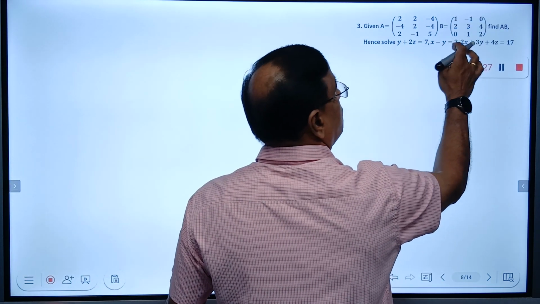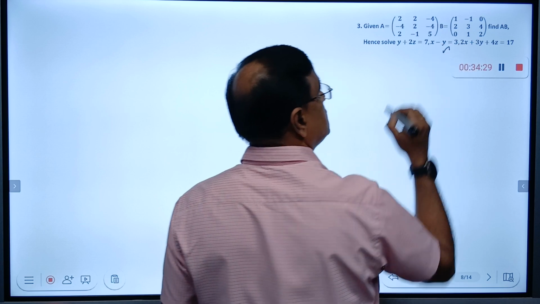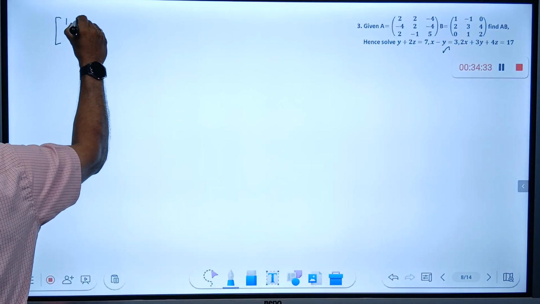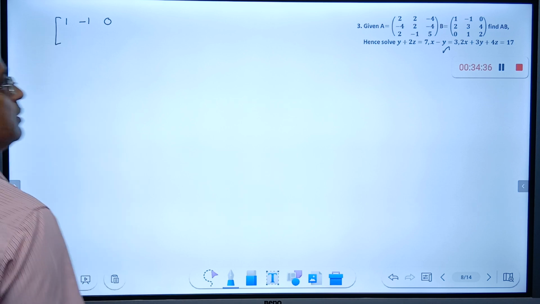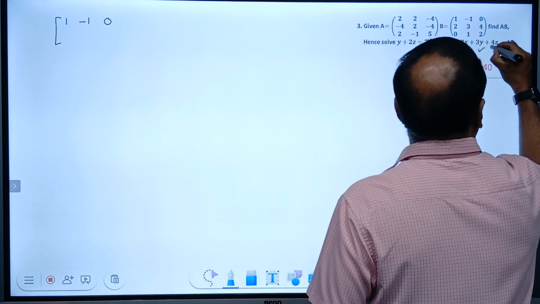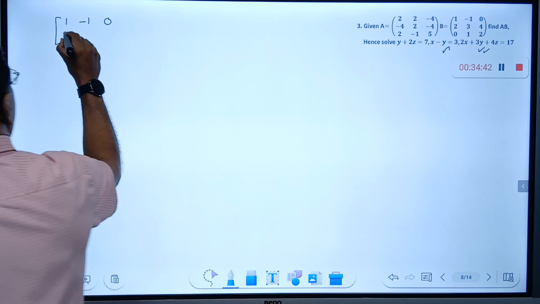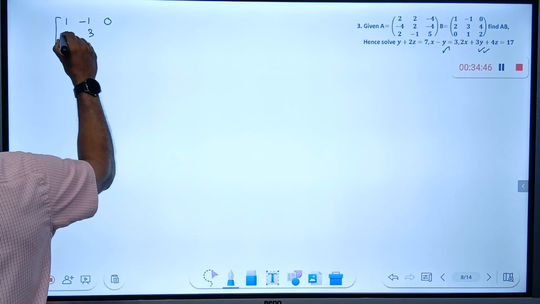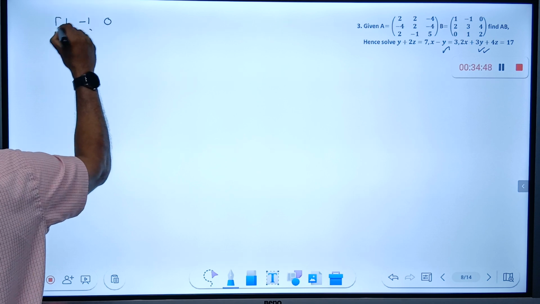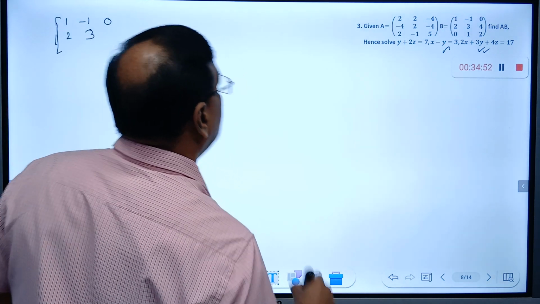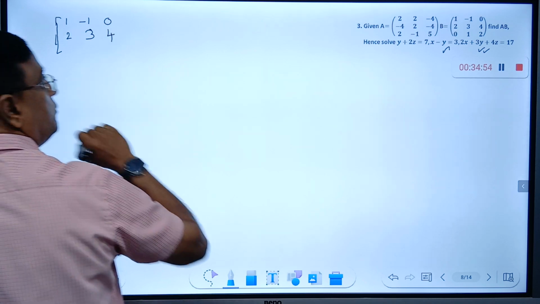See, first I will write the coefficient of this. What is the coefficient of this? 1 minus 1, 0. Correct? Next I'll write the coefficient of this. This is the second. So what is that? 2, 3, 4, and finally I write this.